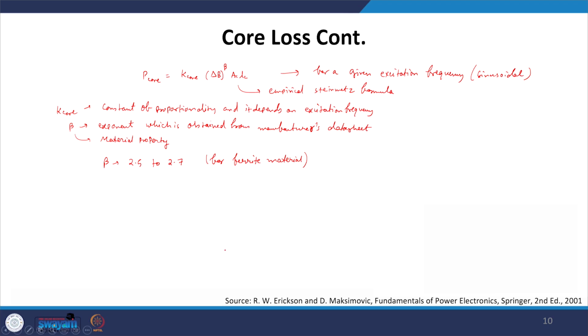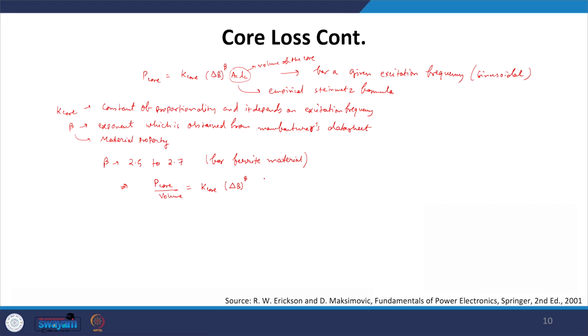The manufacturer generally provides this P core value, and this AC LC is nothing but our volume of the core. So we can then write P core versus volume, or core loss per unit volume, is equal to K core delta B raised to power beta.